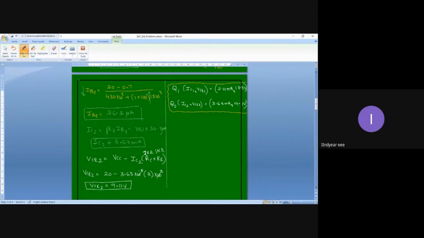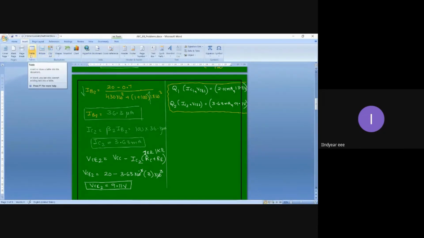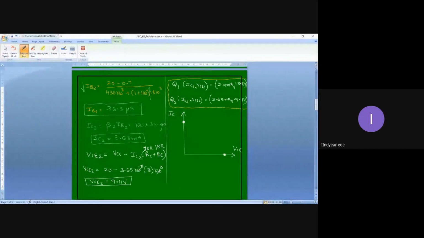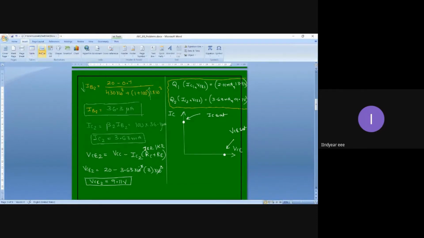So let's plot the load line graph now. I'll construct the load line graph. This will be our IC saturation and this will be our VCE saturation. Let us also join these two points.